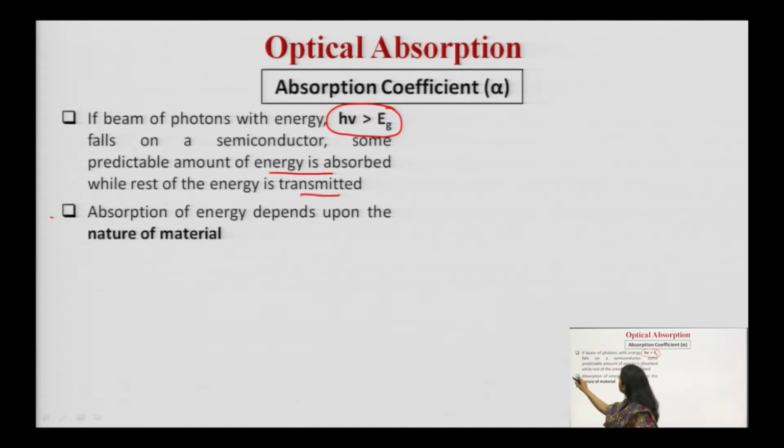Absorption of energy depends only upon the nature of the material. If the incident energy is I naught, then I T is the transmitted energy, and some of the energy may be lost. So, absorption totally depends upon the nature of the material.